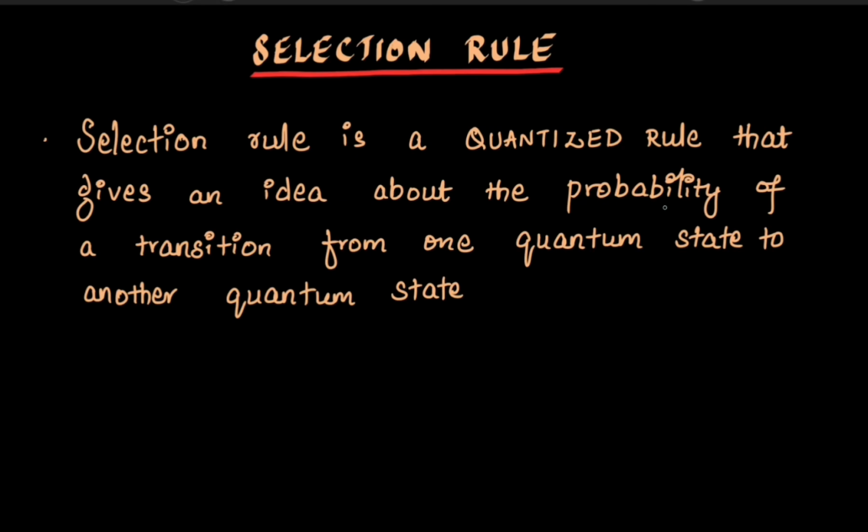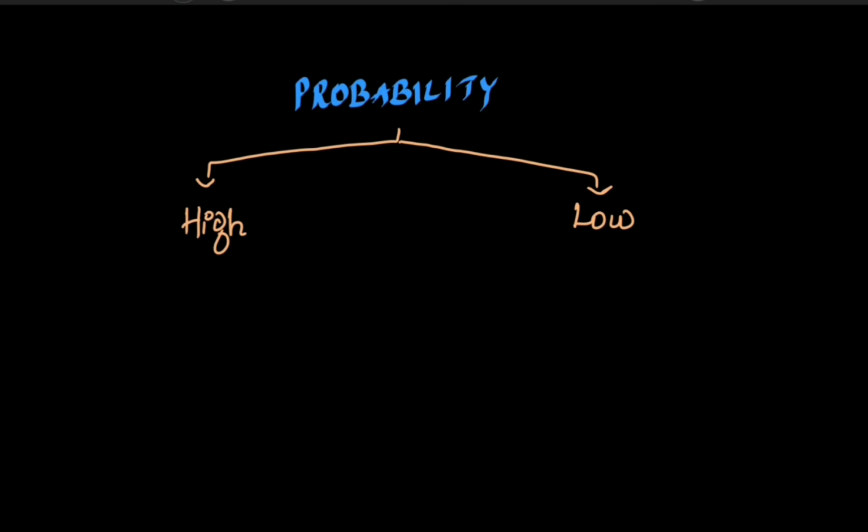Depending on the probability, we can also classify the types of transitions. Well, based upon the intensity of probability, I can call a transition to be with a very high probability, or the transition could be with a very low probability. Sometimes in some spectroscopic techniques the probability is nearly zero.